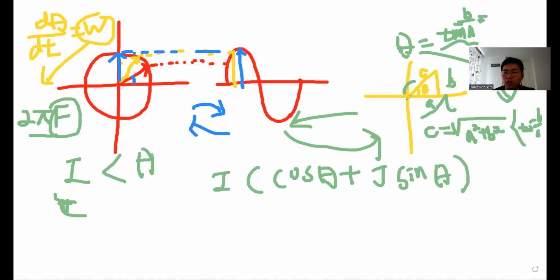Cosine is here, sine is here. Maybe if you don't understand now what I'm saying about a little bit of math, it doesn't matter, okay? We need to learn about it later, okay?